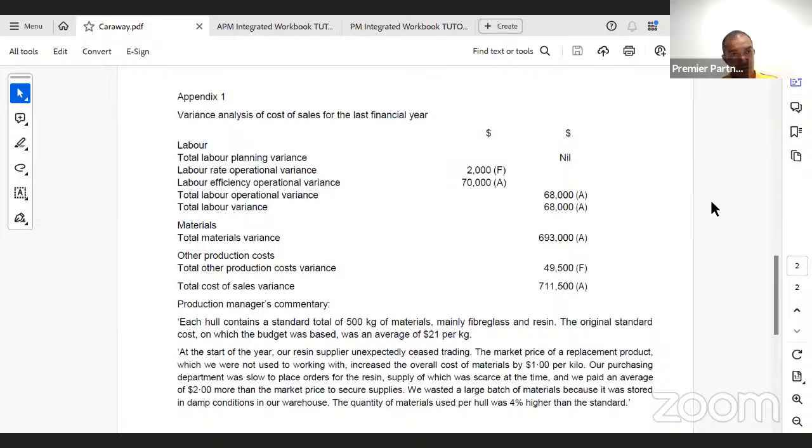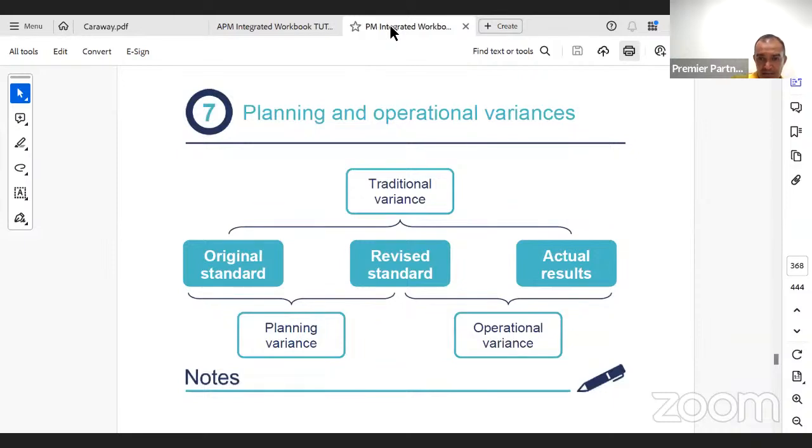But in APM cases, what I have seen most is the planning and operating variance. Now, what is planning and operating variance? I'll quickly take you through it again. Normally, as you can see on the screen, variance is calculated using original standard versus actual.